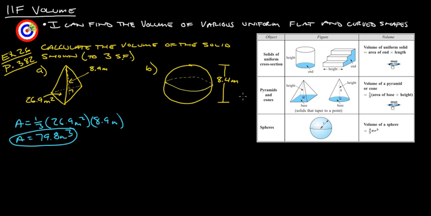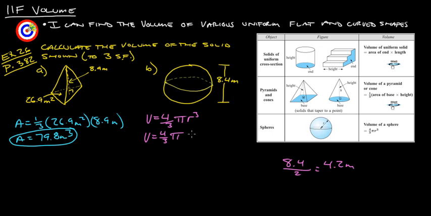Alright, now for this one here, the volume of the sphere is 4/3 pi r cubed. So in this case, volume equals 4/3 pi times the radius, which is going to be half of 8.4, right? Let's do it over here, we've got room. 8.4 divided by 2 gives us 4.2 meters for the radius.